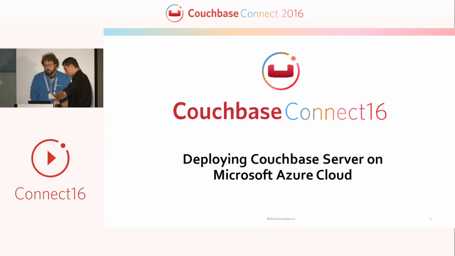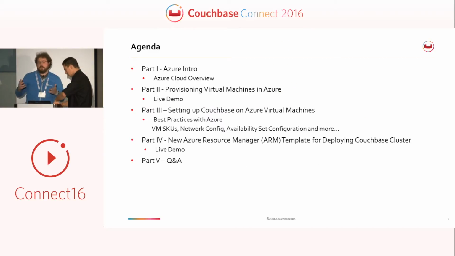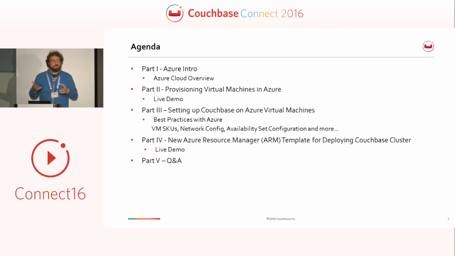So we're going to divide the agenda here in some parts. Initially, I'm going to do an introduction about Azure. Then, since Couchbase running on Azure makes sense to go a little deeper on virtual machines, I'm going to talk a little bit about VMs running on Azure, the storage part of the VMs, network, and so on.